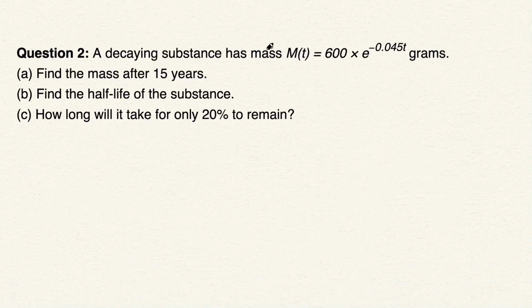Now, question number two. First observation. Because there is a negative sign, it's decaying. If it is a positive sign, that means it's a growth thing. Okay. Find the mass after 15 years. That is the simple question. Mass after 15 years is equal to 600 times e to the power.